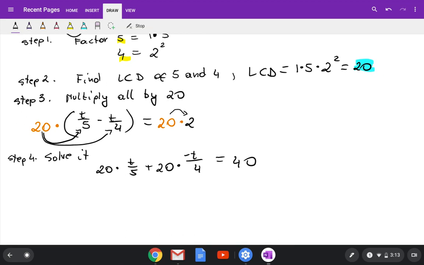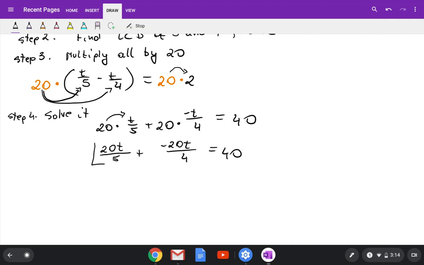A number multiplied by a fraction means you multiply the numerator by that number. So we have 20t over 5 plus 20 times negative t, that will give you negative 20t over 4, equal to 40. So now let's simplify. 20 divided by 5, we're getting 4t, plus negative 20 divided by 4 will give you negative 5t, equal to 40.